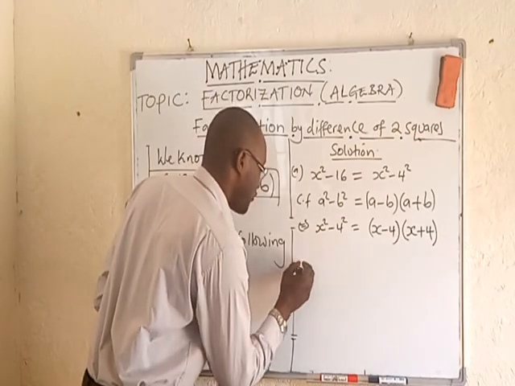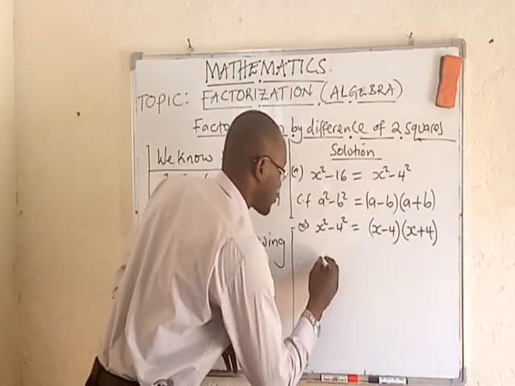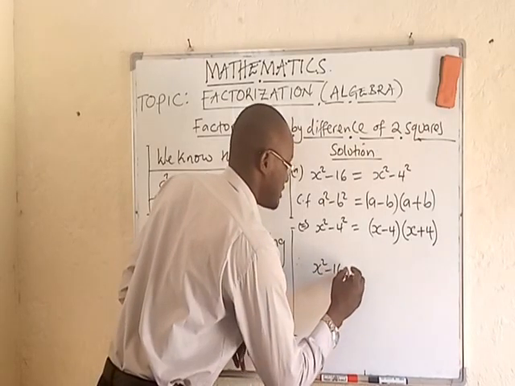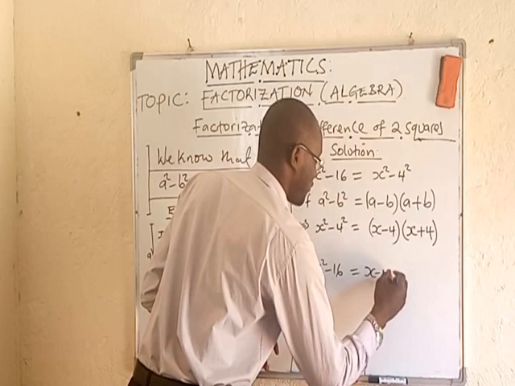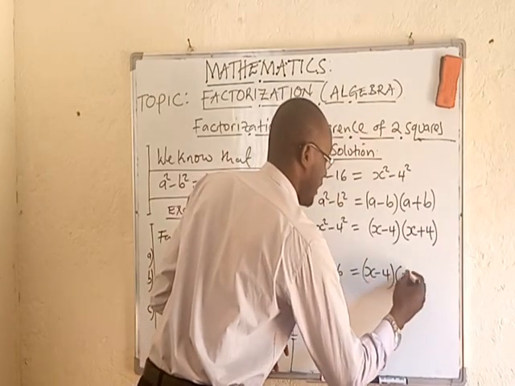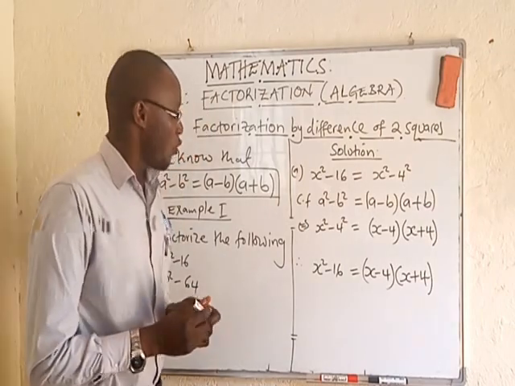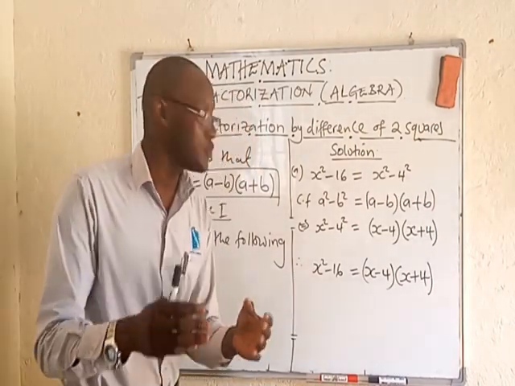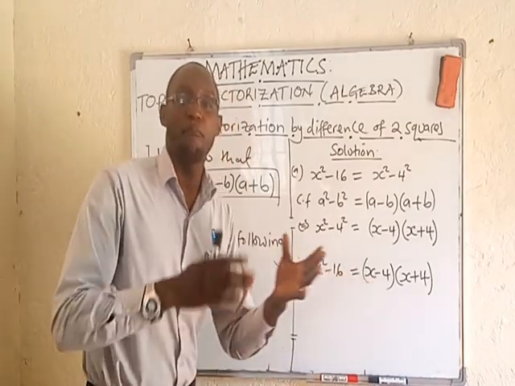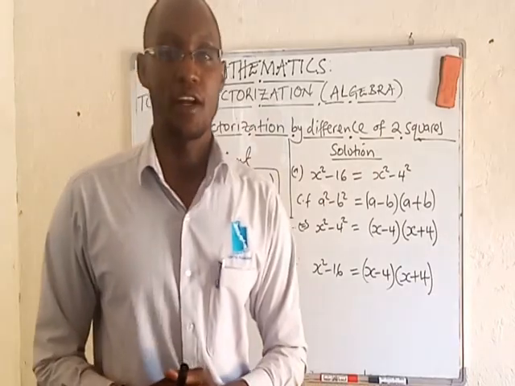Therefore, the original expression x squared minus 16 is equivalent to x minus 4 into x plus 4. We have simplified our expression into simpler parts. We have broken it into parts, that is from the definition of factorization.